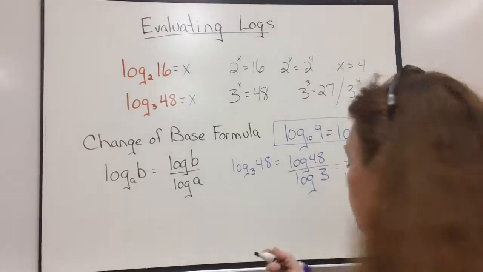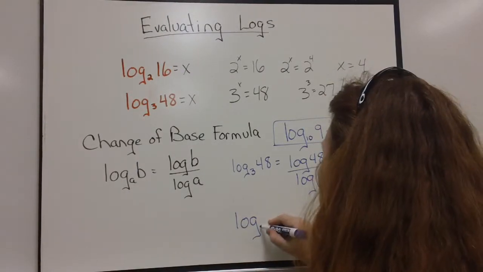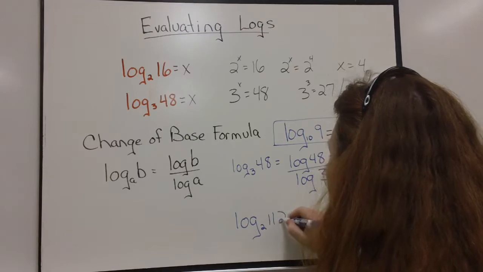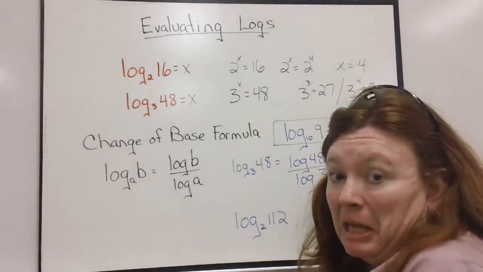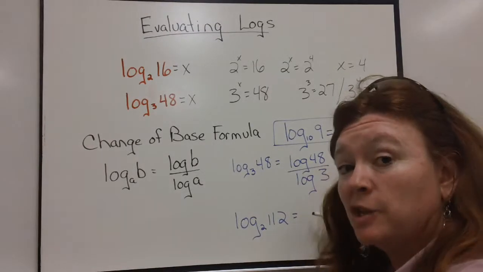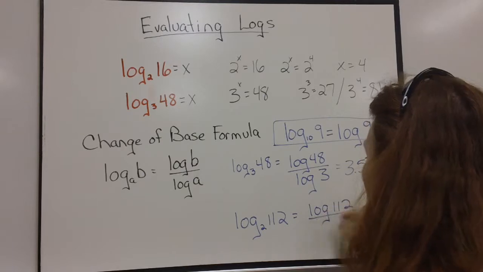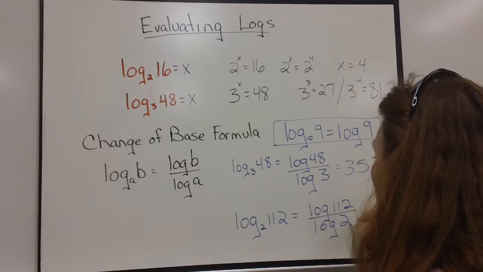So let's try one more. If I had log base 2 of 112, I don't know what that is, but it's going to be a bigger number at least. What am I going to enter in the calculator? Log of 112 divide by log of 2.